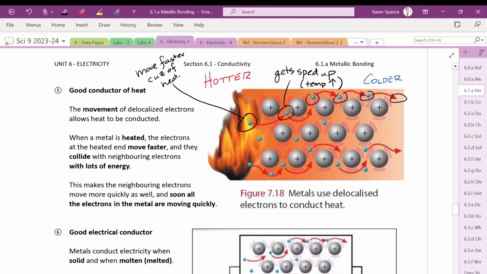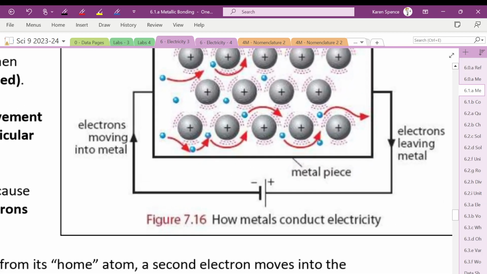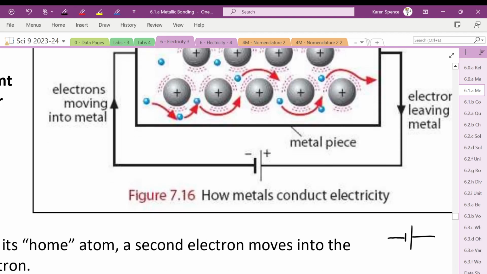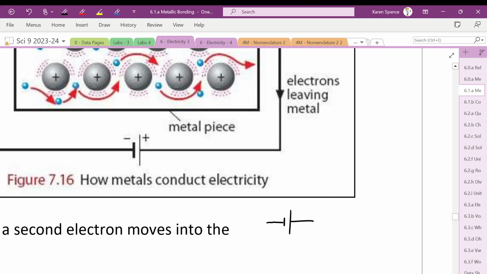And now the one that is really relevant to this unit, this is good electrical conductivity. Are you familiar with this little symbol down here? The one that goes like this. That is a battery.